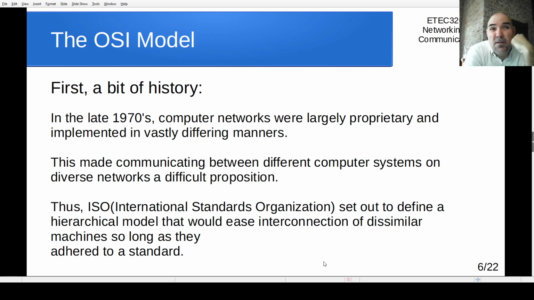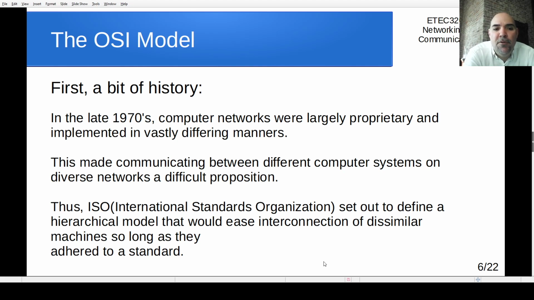So until the OSI model became adopted as a standardized way that you should organize networks, most computer networks were proprietary things that came from large companies like IBM or Digital Equipment Corporation, and they were implemented in vastly different manners, which made them incompatible with one another.